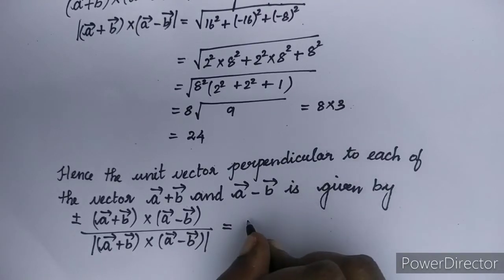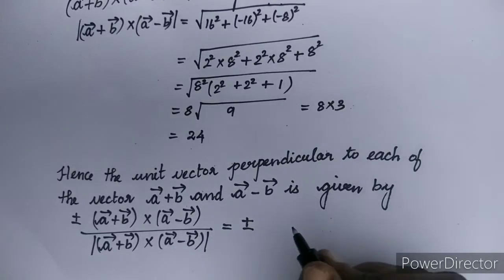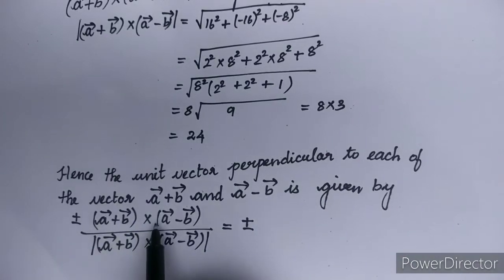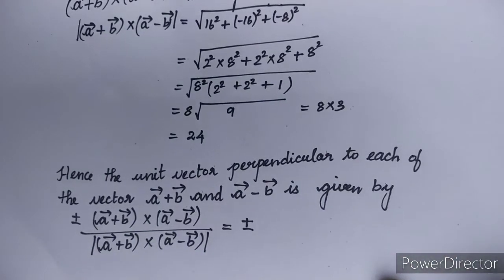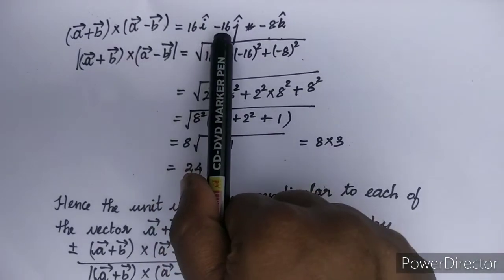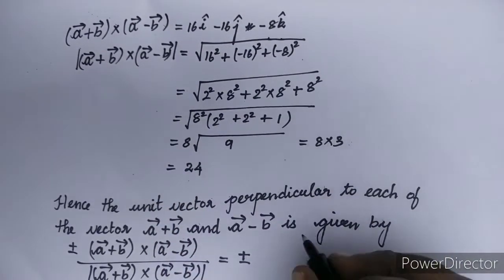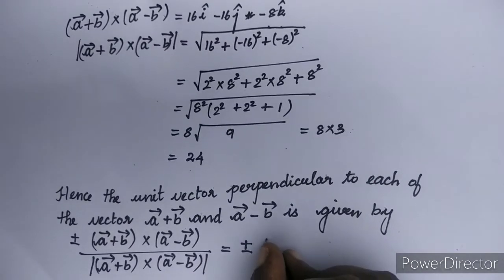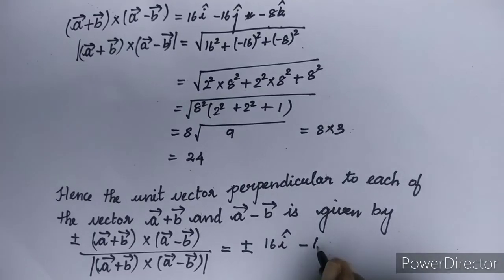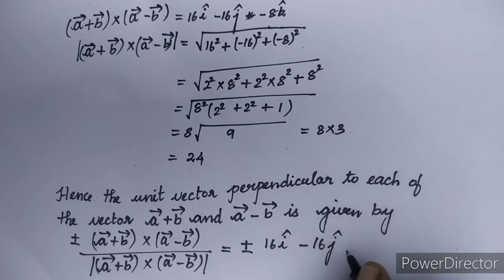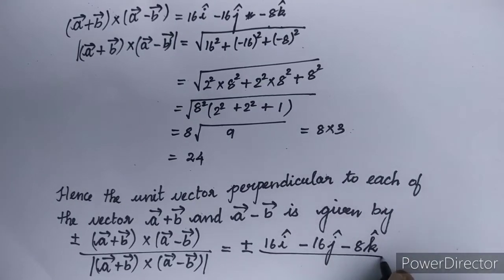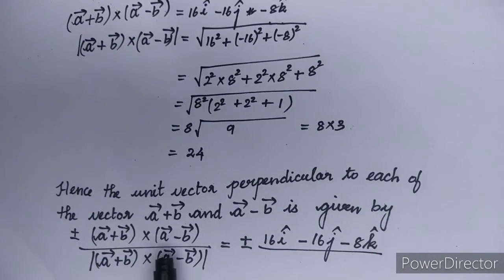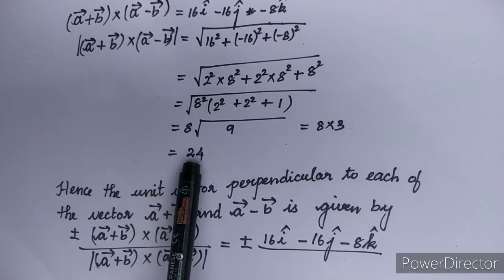it is equal to plus or minus, we will substitute first a vector plus b vector cross a vector minus b vector, which is equal to what? 16 I cap minus 16 j cap minus 8 k cap. We will substitute here, it is 16 I cap minus 16 j cap minus 8 k cap divide by magnitude of a vector plus b vector cross a vector minus b vector, that is 24.